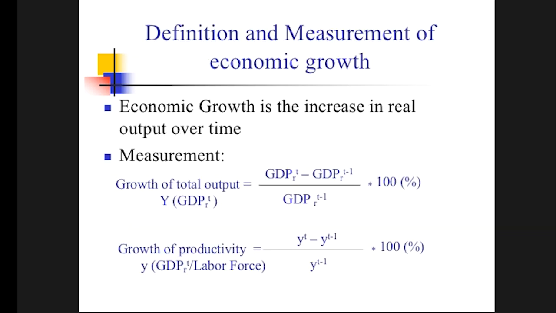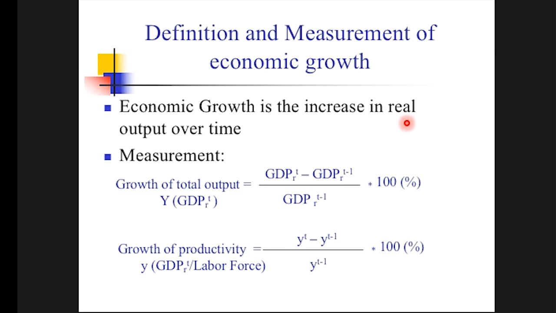In fact, the definition of growth was introduced in the GDP section. When you compute real GDP for many years, the GDP increase is the economic growth. So the general definition is that economic growth is the increase in real output over time.